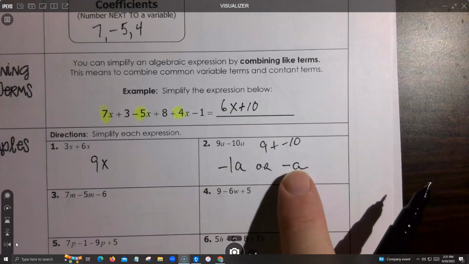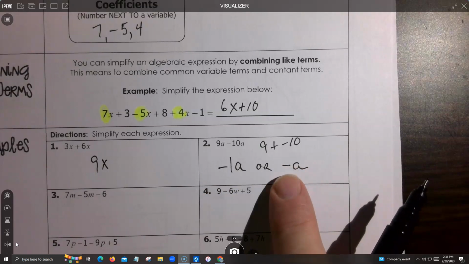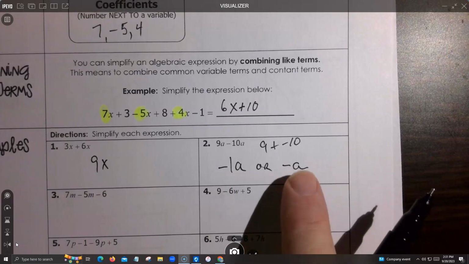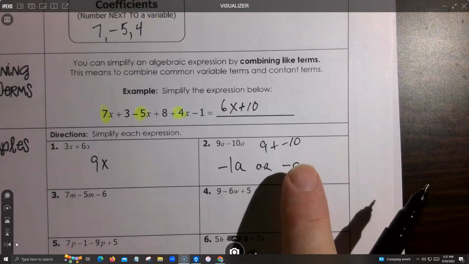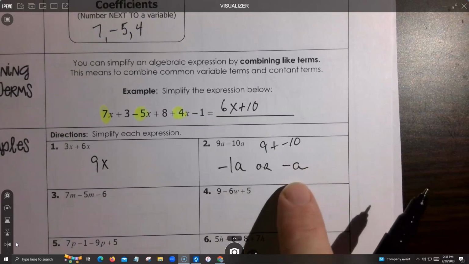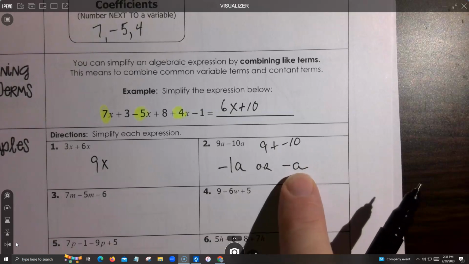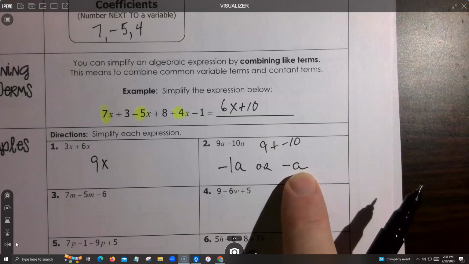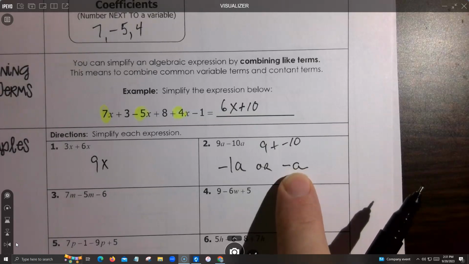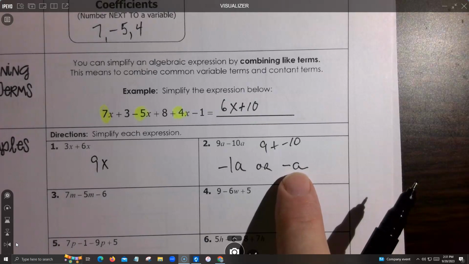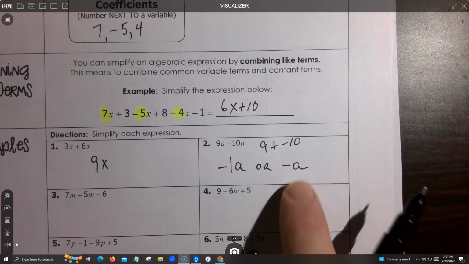It's understood that if I asked you how many a's there were here, you would say 1. There's 1a. So that's why they don't put a 1 in front of it. If it's any other number, like a 2 or a 3 or a 4, you have to put it in front of the letter. But if it's 1, they write it without the number. If you put the number in on a quiz or test, I won't mark it wrong, but just understand when you see it on the SOLs, hopefully you won't get confused by it.